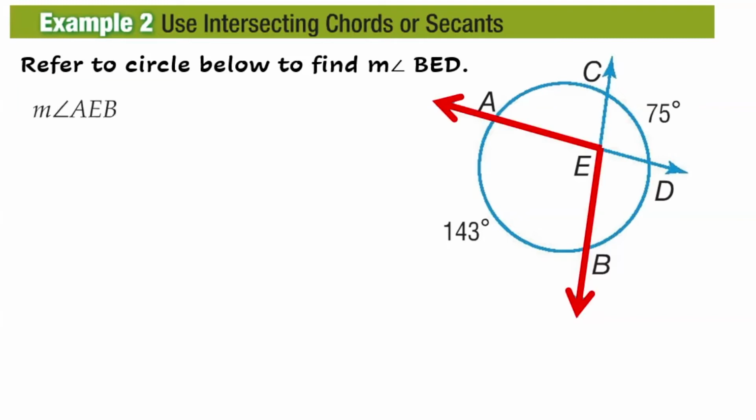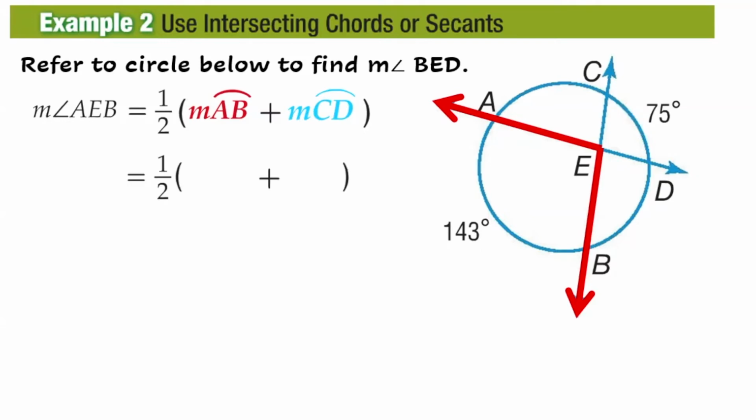Measure of angle AEB equals half multiplied by measure of the arc AB plus measure of the arc CD, which means half multiplied by the sum of 143 plus 75, and it will give us half multiplied by 218, and finally it will be 109 degrees.